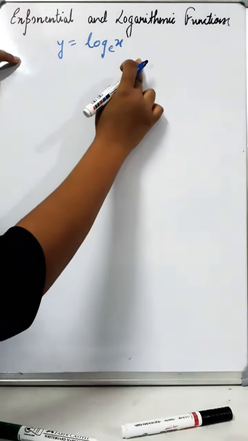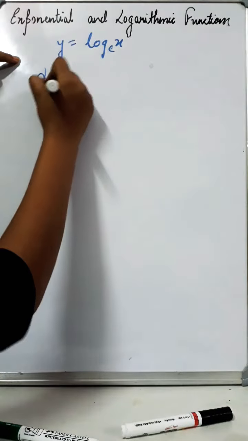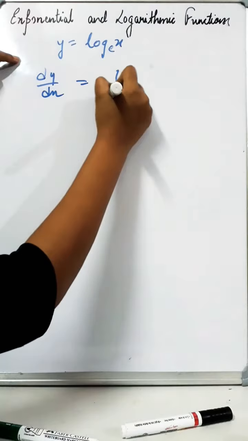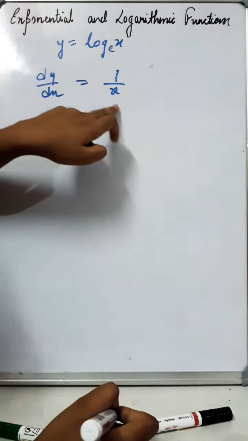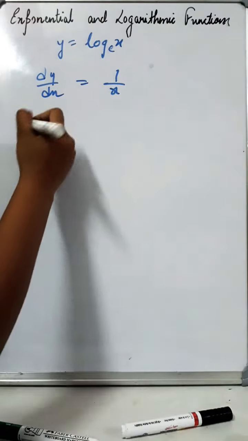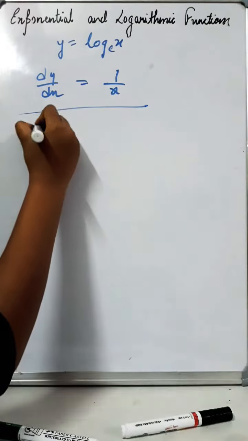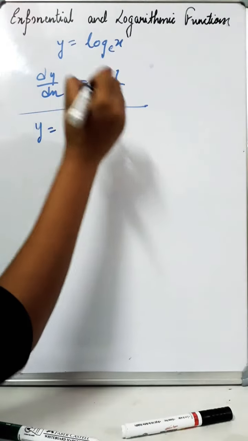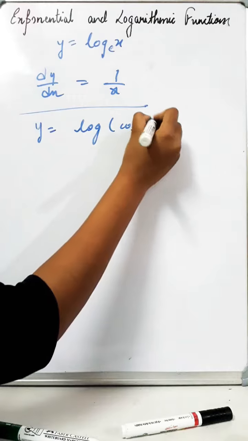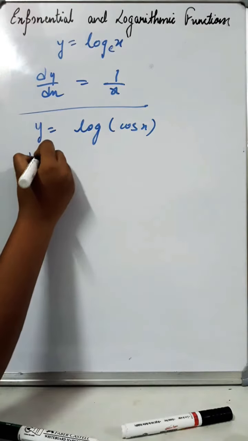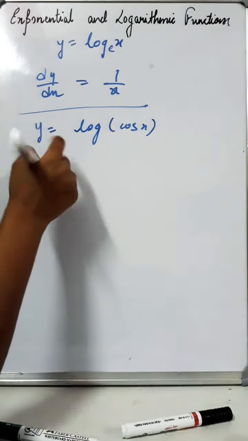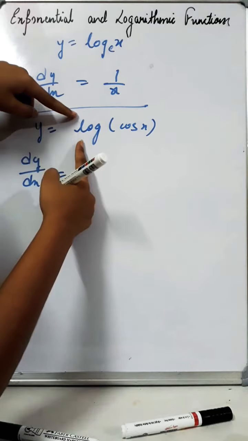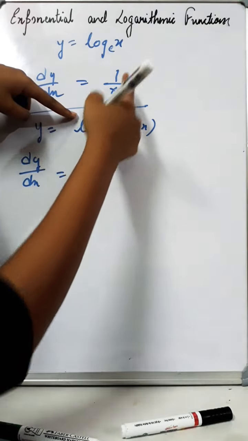Now, dy by dx is given as 1 upon x. Alright, so this is the differentiation of log x. But you see, suppose y is equal to log of cos x. Now if you have to differentiate this, first of all, the differentiation of log function is 1 by x.